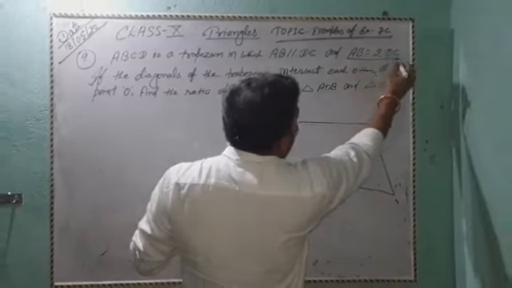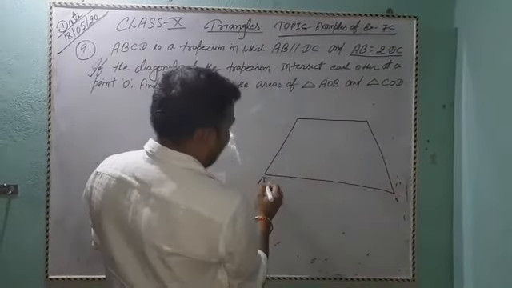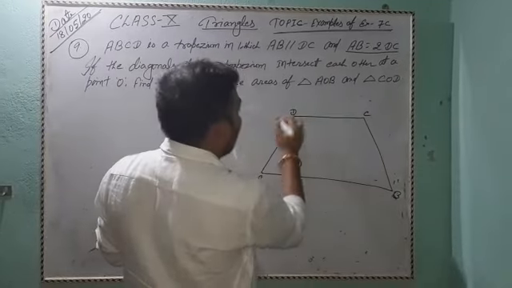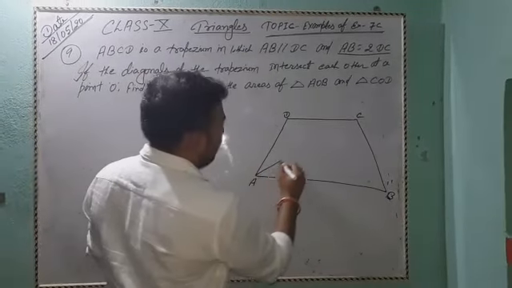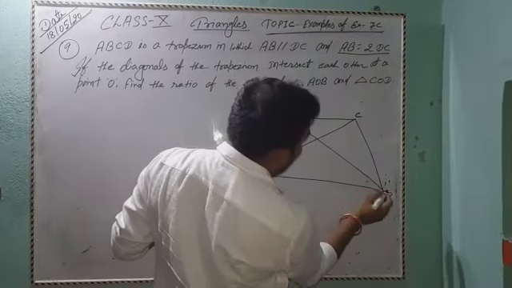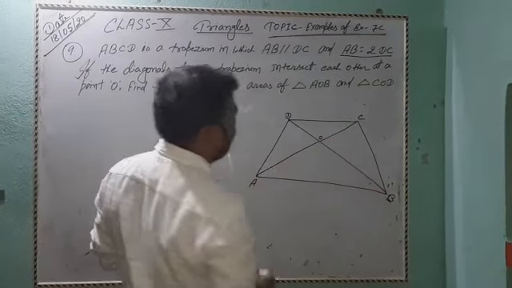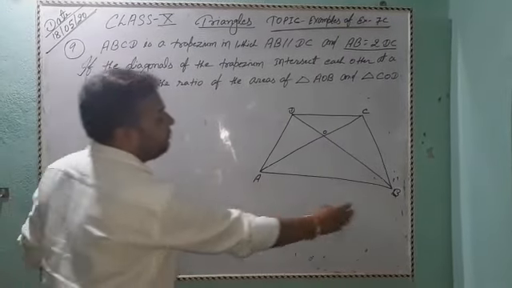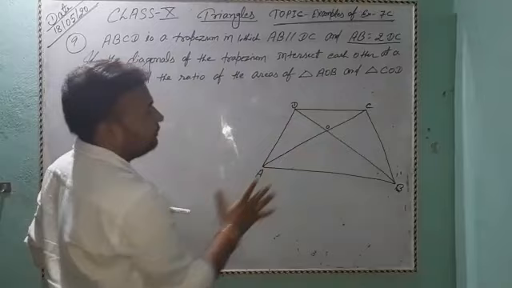AB equal to 2DC. A, B, C and D. Diagonals. So students, ABCD is a trapezium.